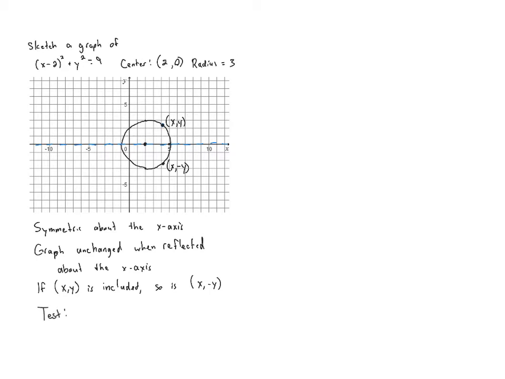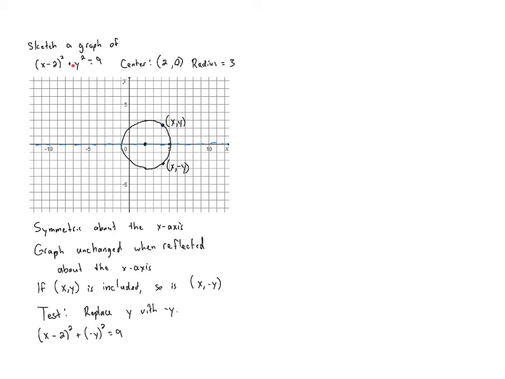If we want to test whether an equation gives us a graph that is symmetric about the x-axis, what we can do is replace y with negative y and see whether or not we end up with a new equation that's equivalent to the original equation. We can do that here. If we take the original equation and replace y with negative y, that's going to give us negative y squared.